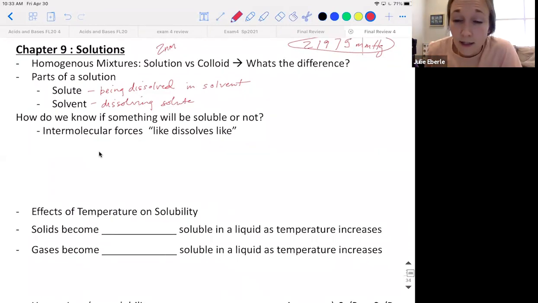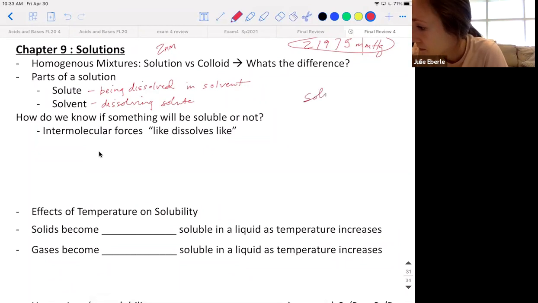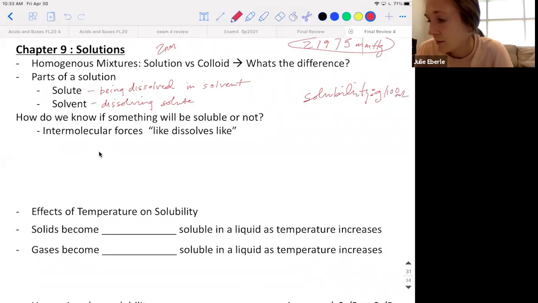So we talked about solubility, units for solubility, by the way, were grams per 100 ml.